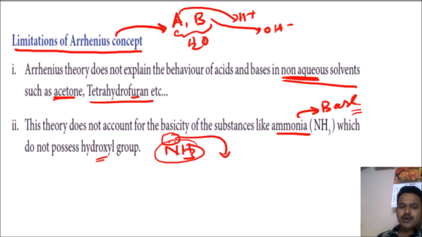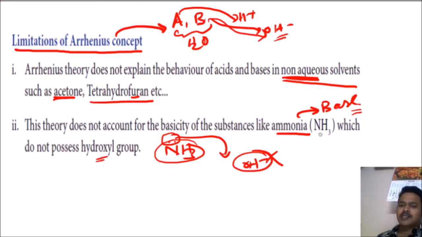But in this one, no OH minus ion is there. According to Arrhenius, only a substance which can donate OH minus is a base. According to Arrhenius, NH3 is not a base, but really NH3 is a base. That fact cannot be explained by Arrhenius, so it is one of the limitations.